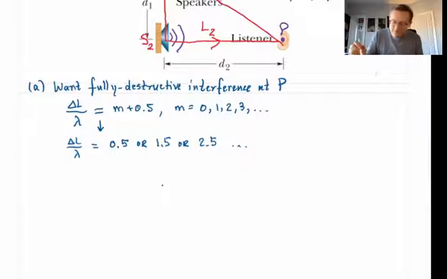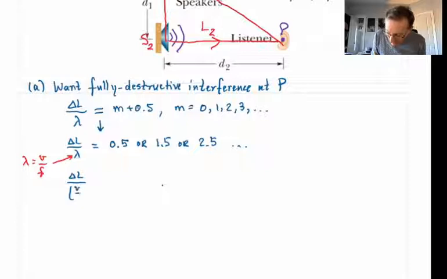Well, let's just remember the simple relationship between wavelength, frequency, F, and speed of wave, V. Namely, I'll write it over here to the side. The wavelength equals the speed V divided by the frequency. And put that in there for the wavelength. Let's see what that looks like then. Delta L over V over F must be 0.5 or 1.5 or 2.5, and so on.